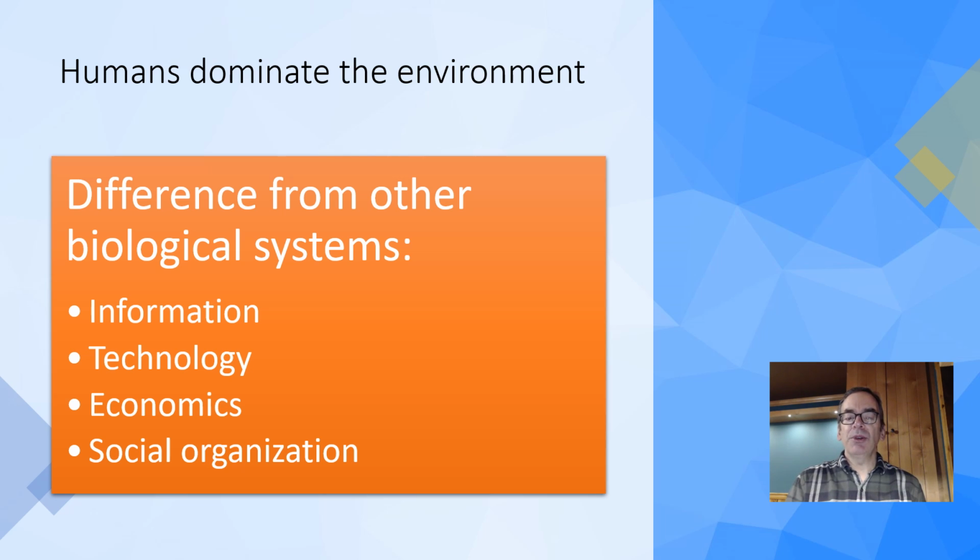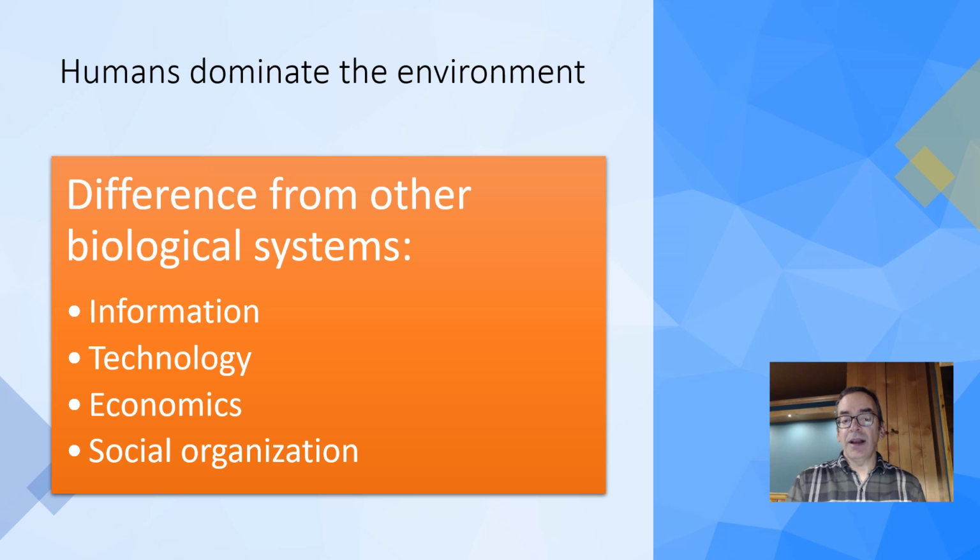So people use information. We all use the internet and so on, and that really helps us to put collective thought together to change our environment. We have technology. We have these massive, massive bulldozers that can dig up tons and tons of coal. We've got all sorts of different types of technology that helps us to dominate our environment.